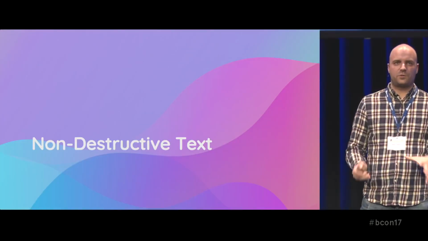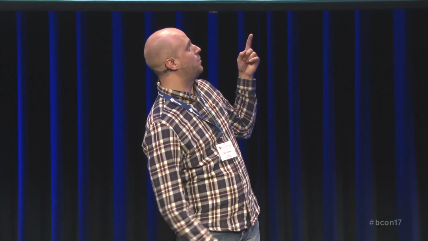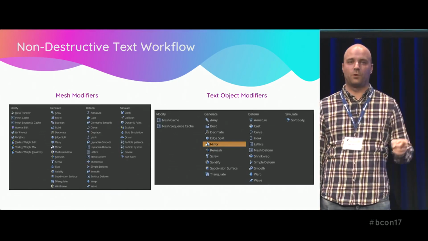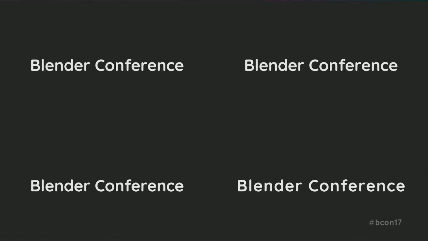So non-destructive text, I already started talking about it when I spoke about text. Basically, when you see how much, these are modifiers for mesh objects, these are modifiers for text objects, much less, and even the ones that are on this list don't really work as expected. Not much you can do with text. Right now, if you want to reveal text in some interesting way, this is the only thing we can do.